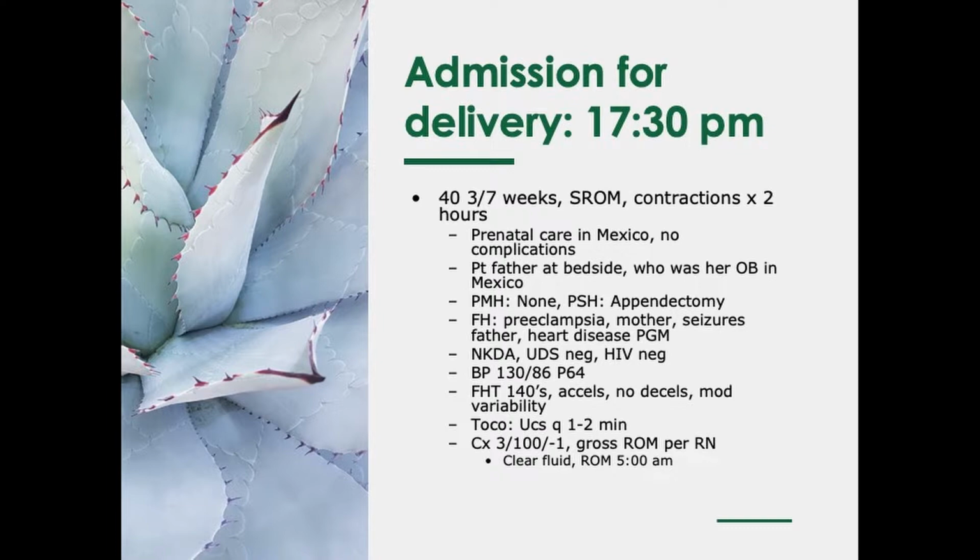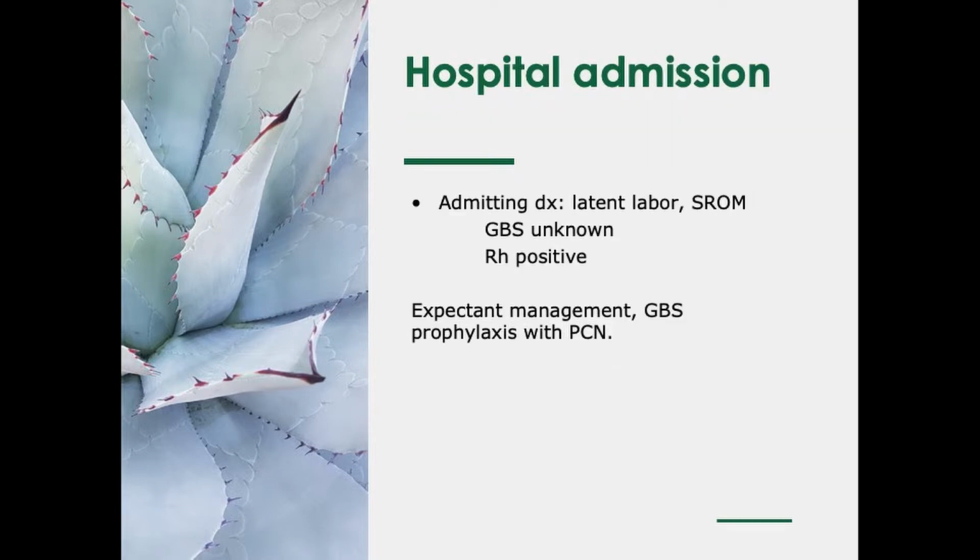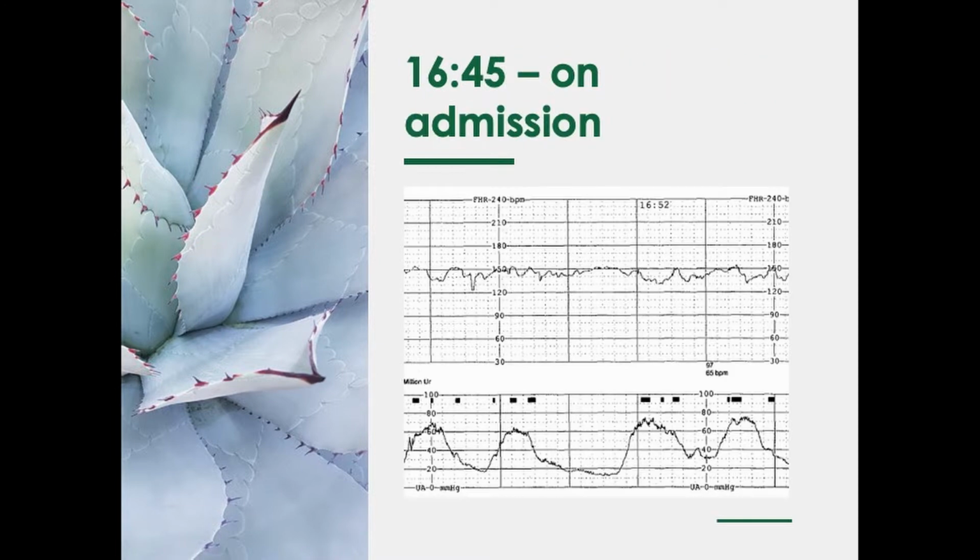Her cervix is 3 centimeters, 100% effaced, -1 station, and she has grossly ruptured clear fluid. It's a pretty common scenario, right? Pretty low risk patient. So she's admitted for early labor with ruptured membranes, GBS unknown, started on penicillin for GBS prophylaxis.